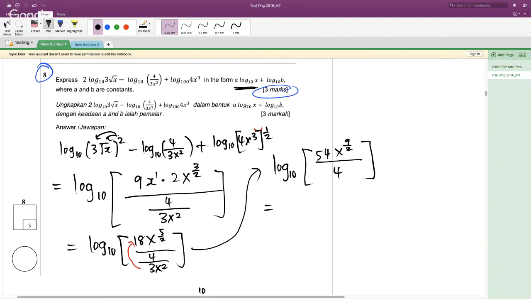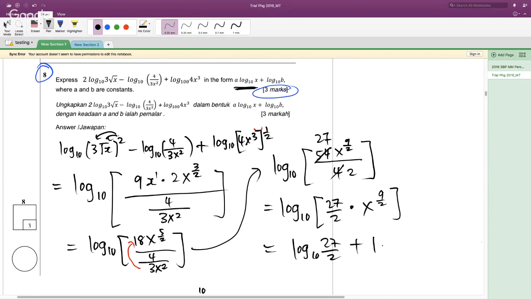Okay, so if you understand this one, I can simplify it, become 2 and 27. So this one I can say is log 10, 27 over 2 multiplied with x 9 over 2. Then I got the final answer, which is log 10 27 over 2 plus log 10 x 9 over 2. The 9 over 2 I will move in front, and then this is exactly the answer I will get.